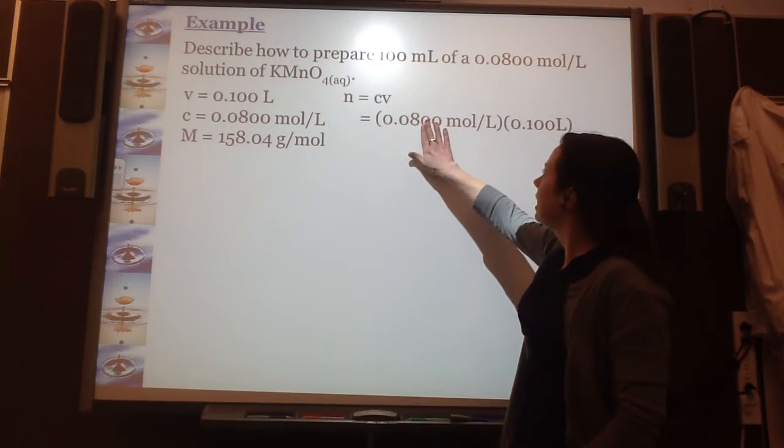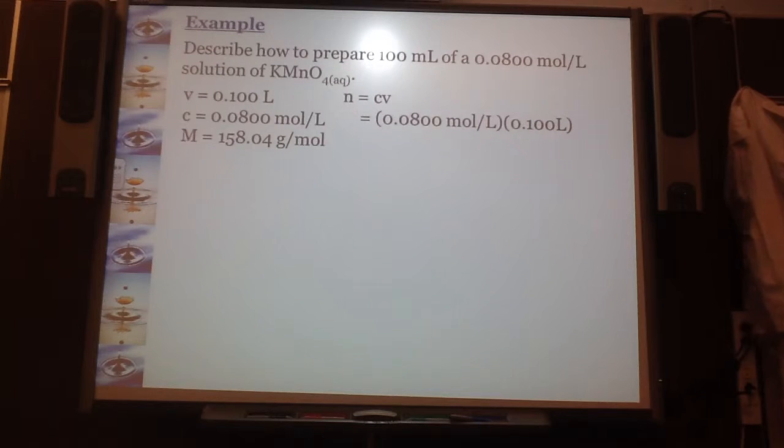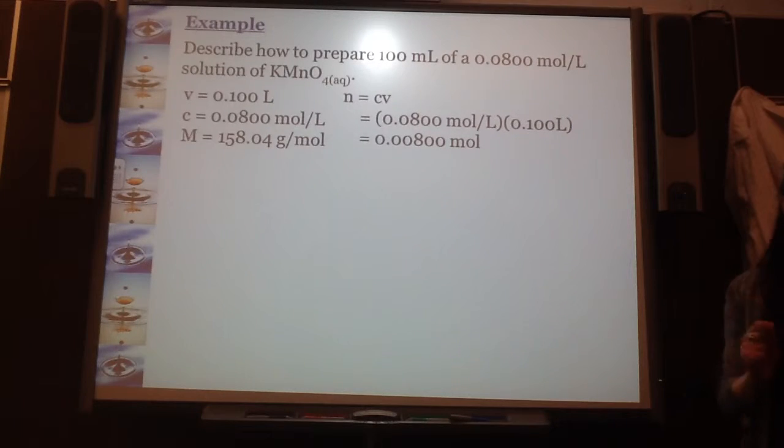So n equals C times V. So if I need that concentration and that many milliliters, I know I need to only add 0.008 moles of potassium permanganate.